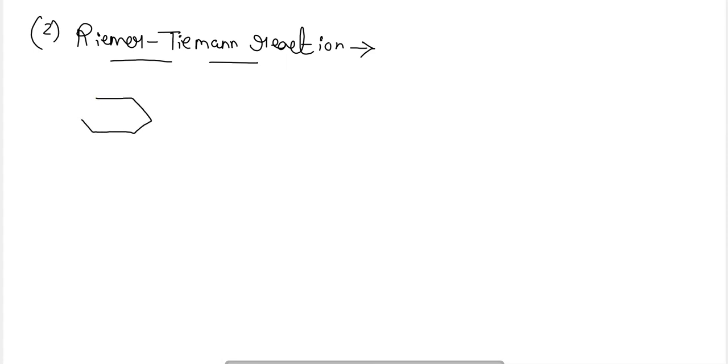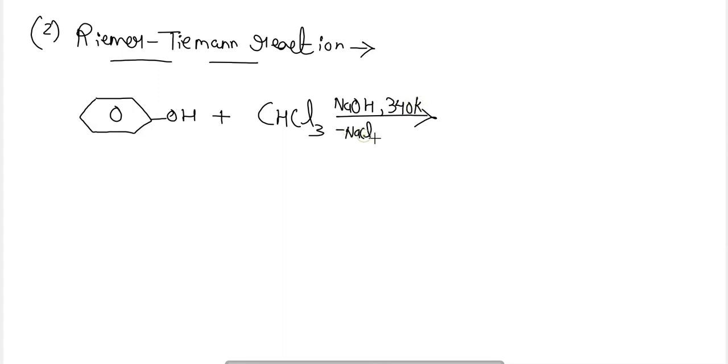So phenol is reacted with chloroform in the presence of sodium hydroxide at 340 Kelvin temperature. Removal of NaCl with the removal of water will take place here to form an intermediate product.